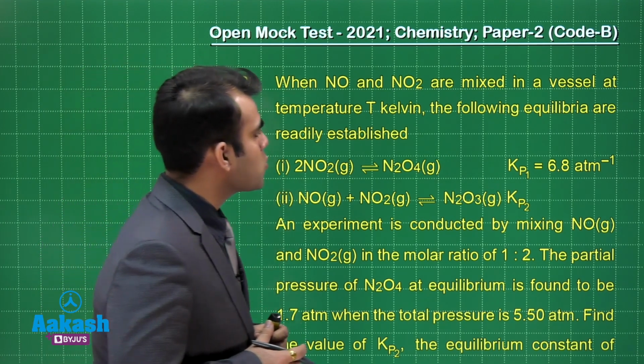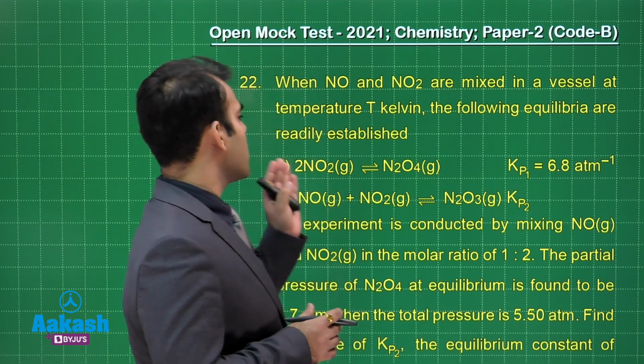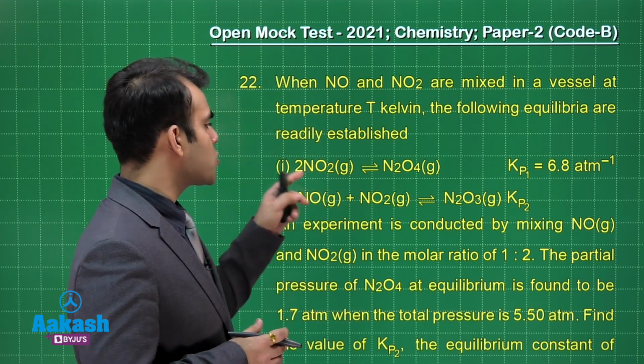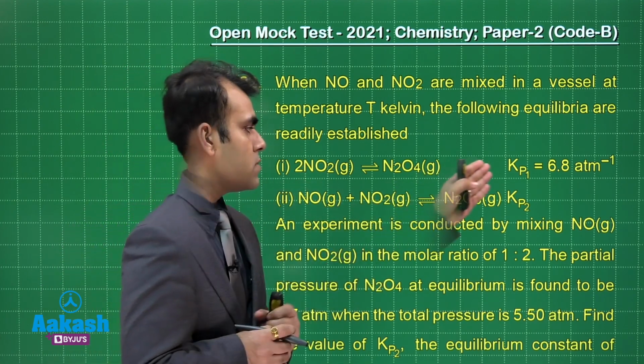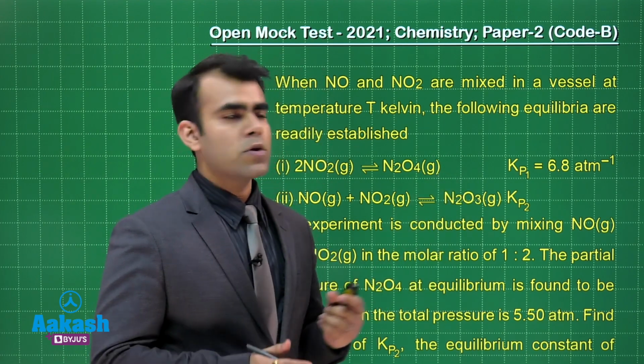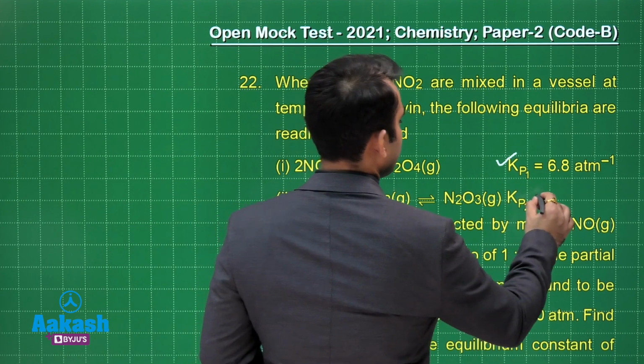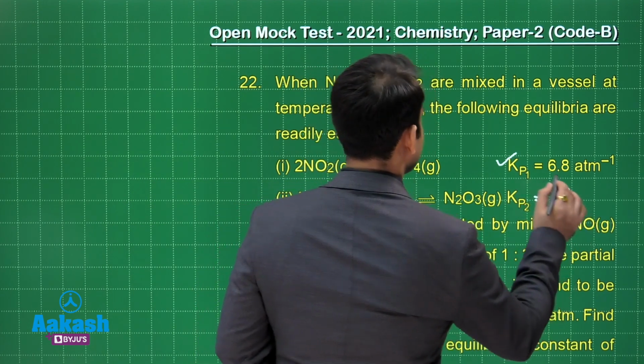When NO and NO2 are mixed in a vessel at temperature T Kelvin, the following equilibria are readily established. So these two equilibria have been established, where the equilibrium constants for both the reactions are Kp1 and Kp2. For one of the equations we have been given the equilibrium constant, but for the other we do not have any equilibrium constant.